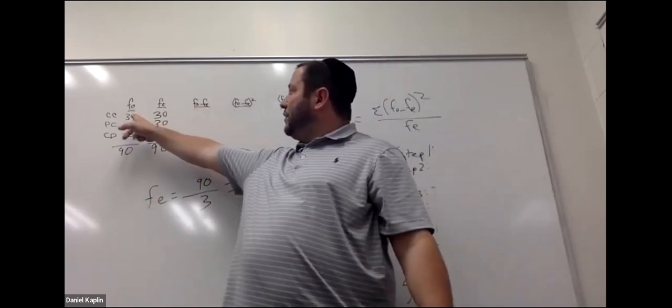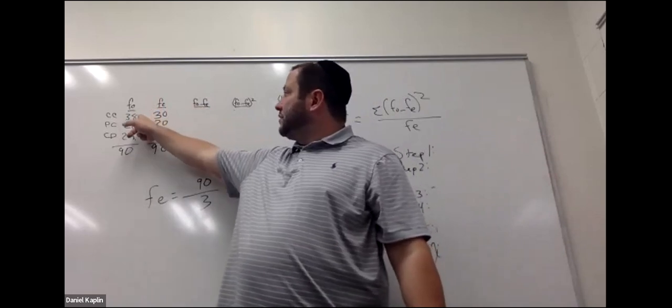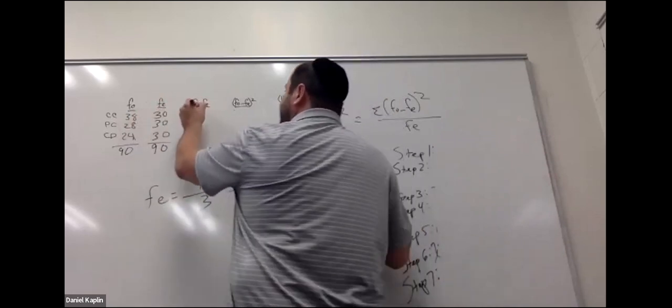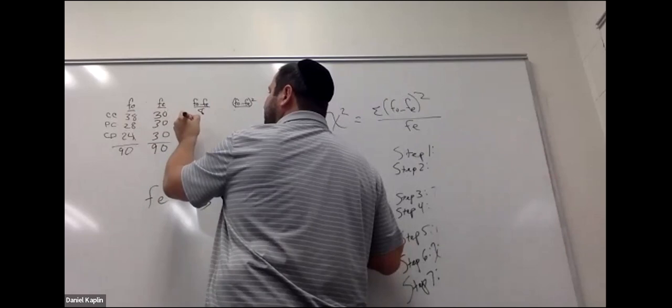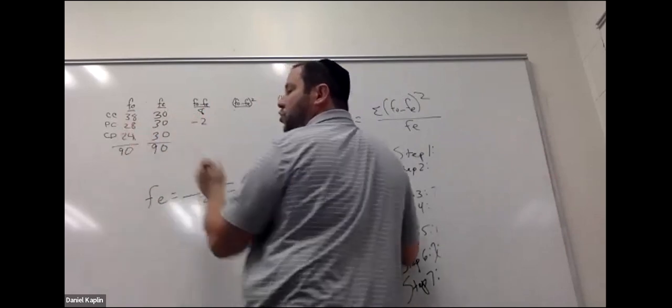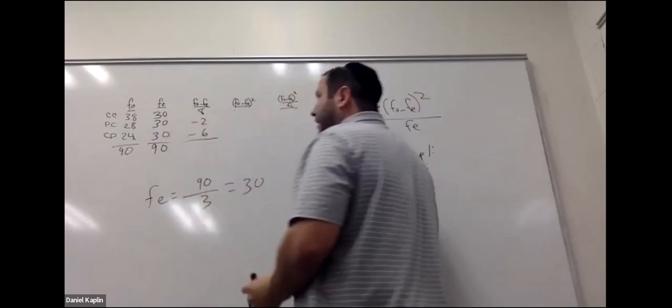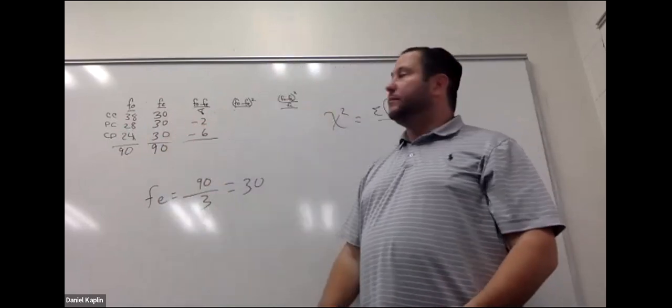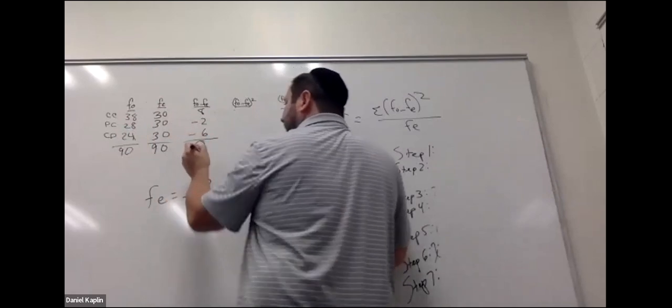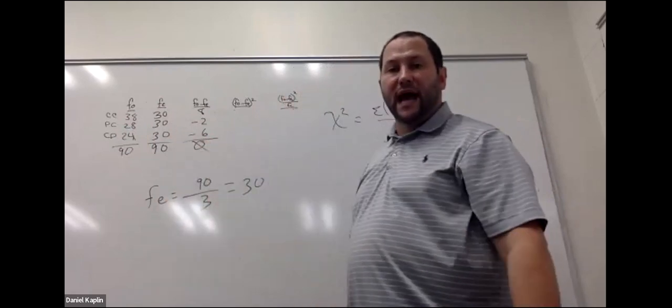Fine. So now we do the difference scores. 38 minus 30 is 8. 28 minus 30 is minus 2. 24 minus 30 is minus 6. Now I said the sum of the difference column should equal 0. Again, that's what we have, right?